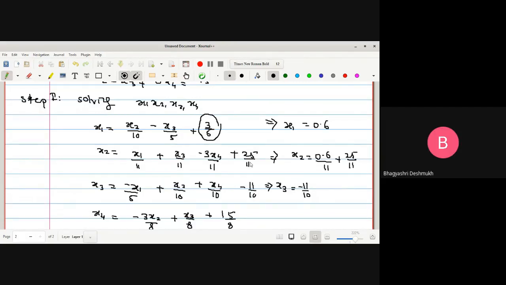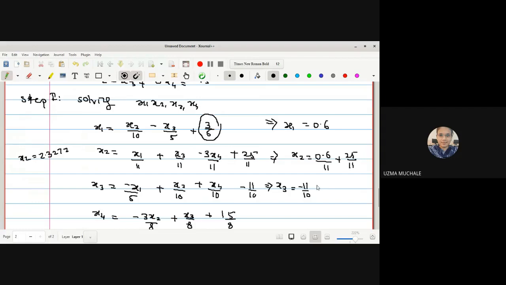Ma'am, x2 is 2.3272. Okay, 2.3272. Now these values of x1 and x2, what we got? x1 is 0.6, x2 is 2.327.